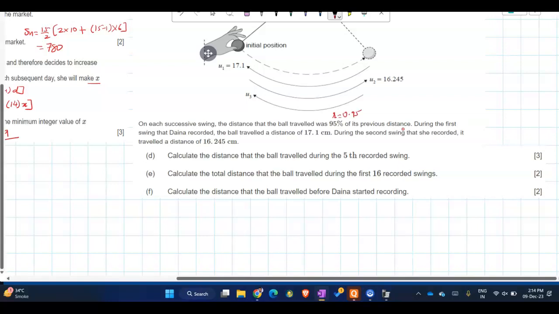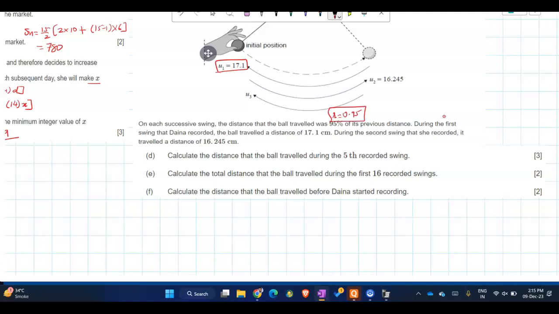Remember, generally in your IB exams, first will be arithmetic, second will be geometric. You can remember it that way also. But it's a good way to remember that r is 0.95. What's your U1? 17.1. This is your common ratio, 0.95. You have to find the distance traveled in the fifth swing, so U5. Use the formula Un is equal to U1 r raised to n minus 1.